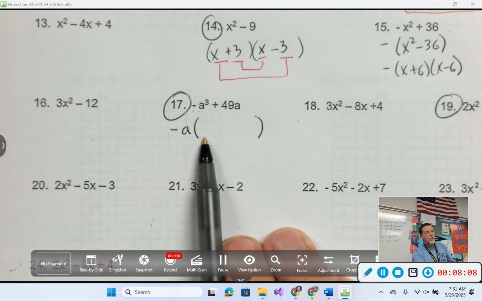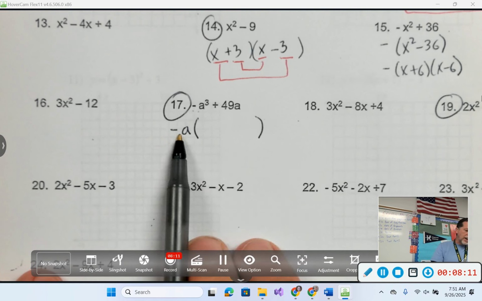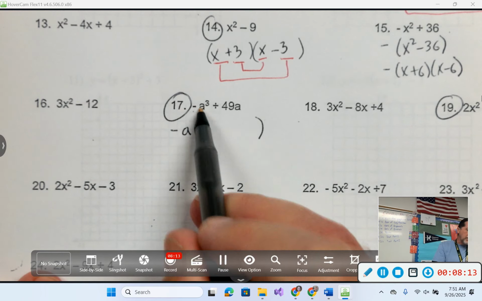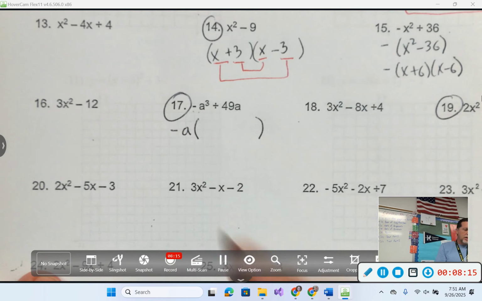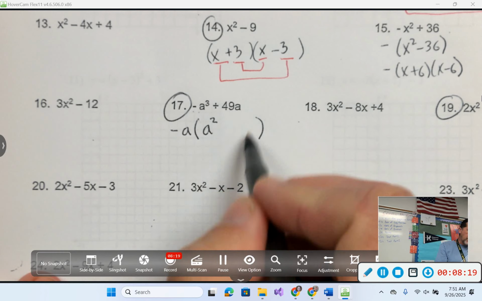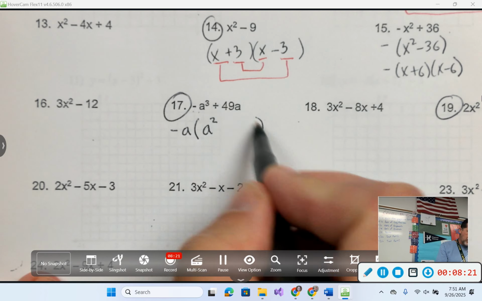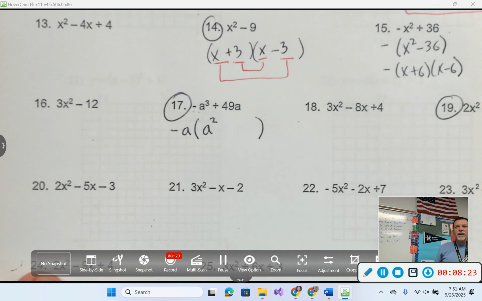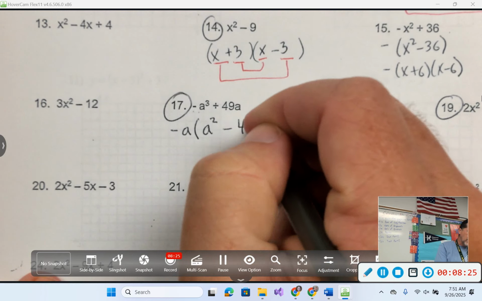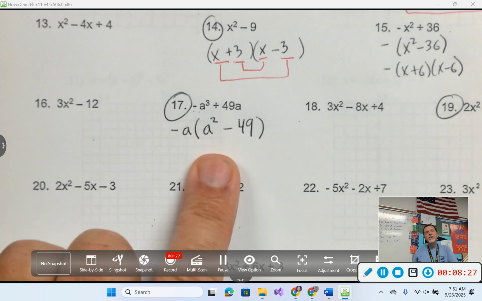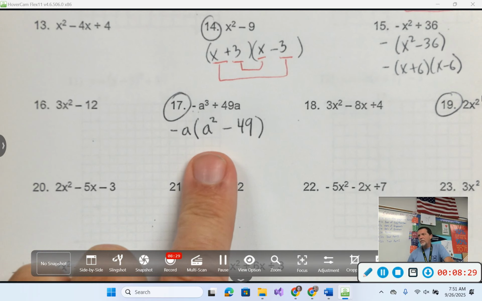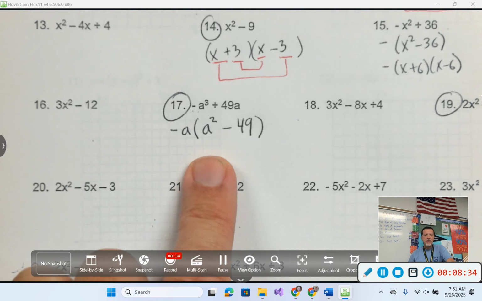So what would need to go in this first blank so that negative A times first blank is negative A cubed? A squared. And what would need to go in the second blank so that negative A times second blank is 49A? Negative 49. And now the fancy name for that is difference of squares. But you don't have to know the name of it, you just need to know how to factor it.